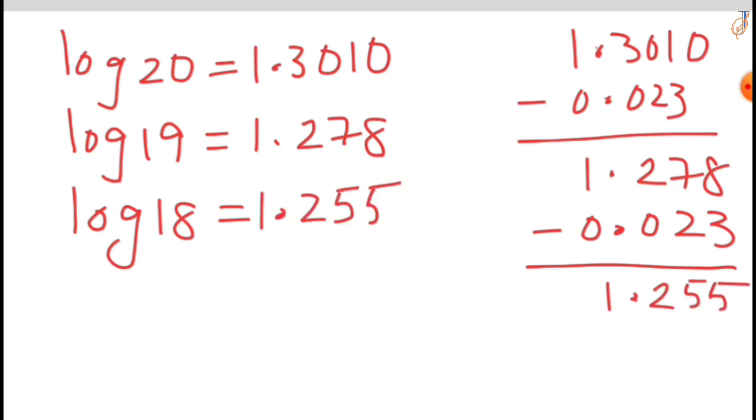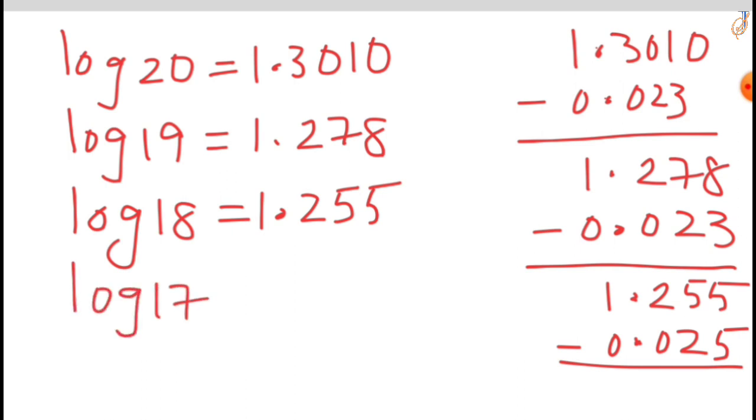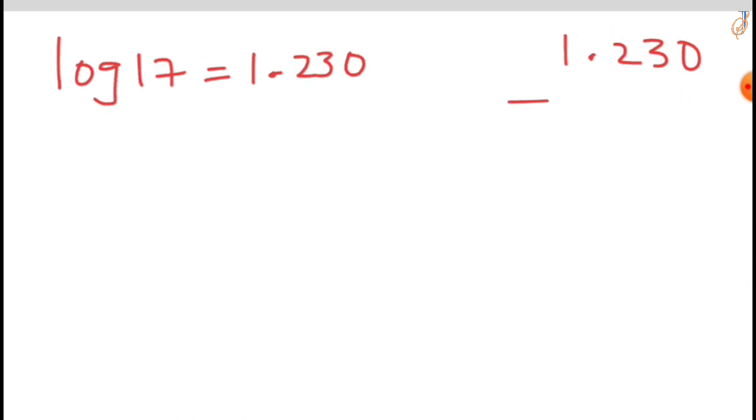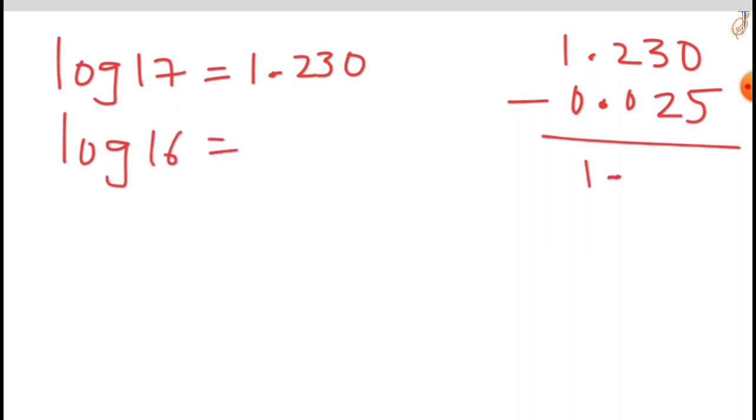Again, subtracting 0.023 from 1.278, it gives the value of log 18, which is 1.255. Here, subtracting 0.025 from 1.255, it gives the value of log 17, which is 1.230. After subtracting 0.025, it gives the value of log 16, which is 1.205.